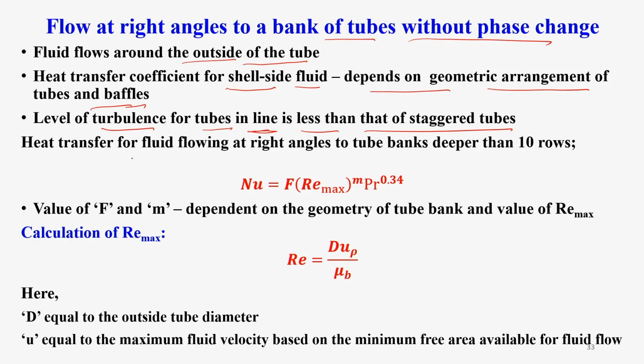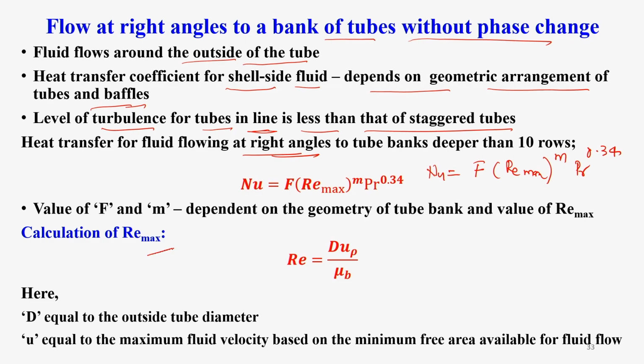So it says the level of turbulence for tubes in line is less than that of staggered tubes, and what we are considering is heat transfer for the fluid flowing at a right angle. The correlation slightly changes here. It says Nu is now proportional to F, a constant, and here we calculate the maximum value of Reynolds number to the power m and Prandtl number to the power 0.34.